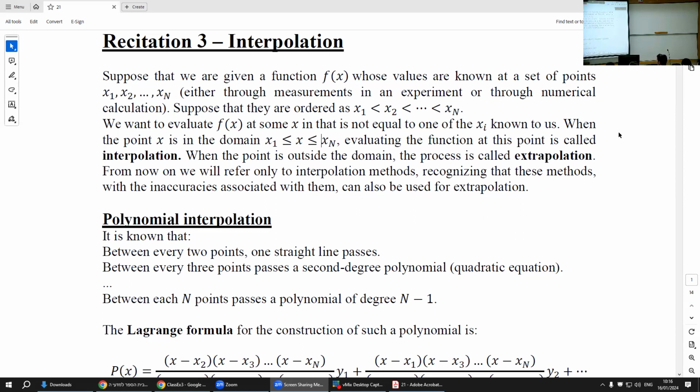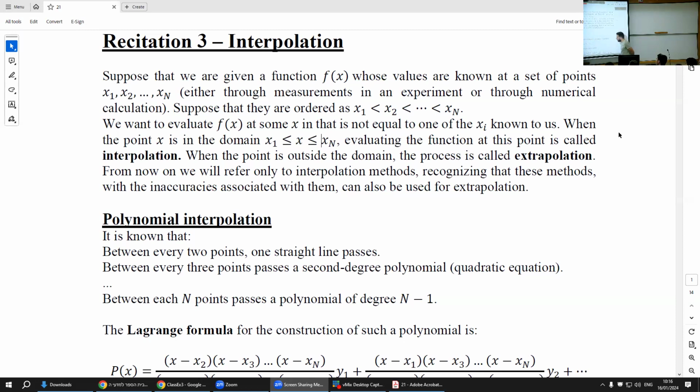So the Lagrange polynomial that I want to build is the sum of the given values yi times Li of x, where i goes from 1 to n. So that's how we build this Lagrange polynomial.